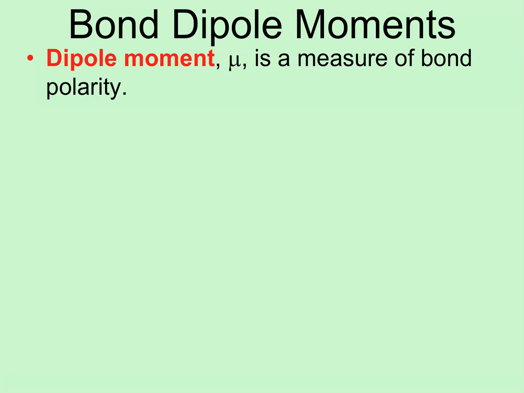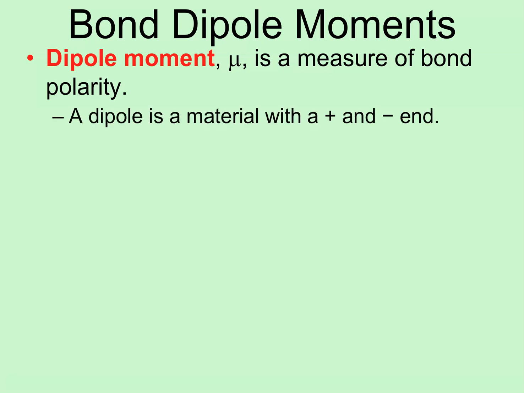All right, dipole moments. A dipole moment is the vector that measures bond polarity, signified by mu, lovely Greek letter, I believe, which, again, just as long as you see the term dipole moment, it's just talking about a polar bond.